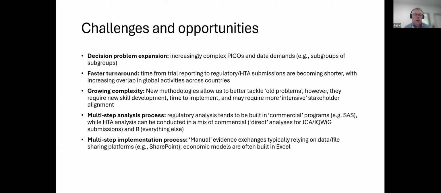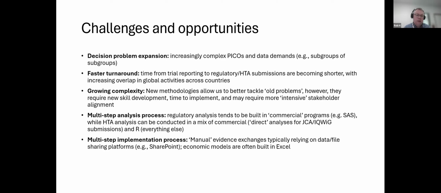As Anders mentioned earlier on, there is a range of packages and connection points that happen over the course of a program. You've got different stats packages being used for different parts of the analysis, whether it's for the regulatory perspective, or for analyses that are going to JCA or IQWiG in Germany, through to everything else, which is where R fits in quite neatly.